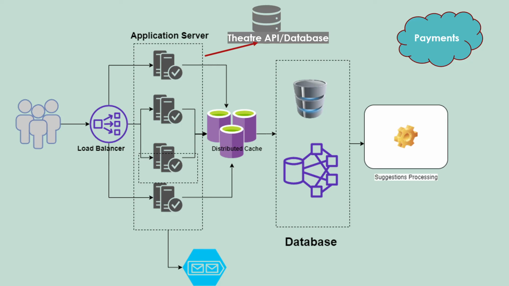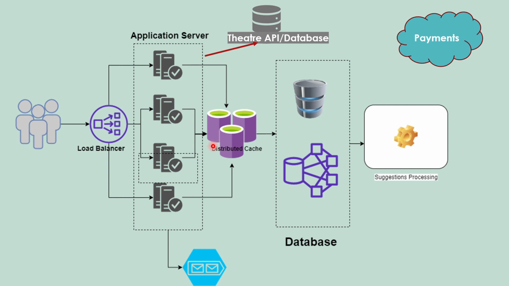The other kind of unstructured data that is available in our system is from the user session. Suppose this user visited our application, browsed through the application and selected some theater.